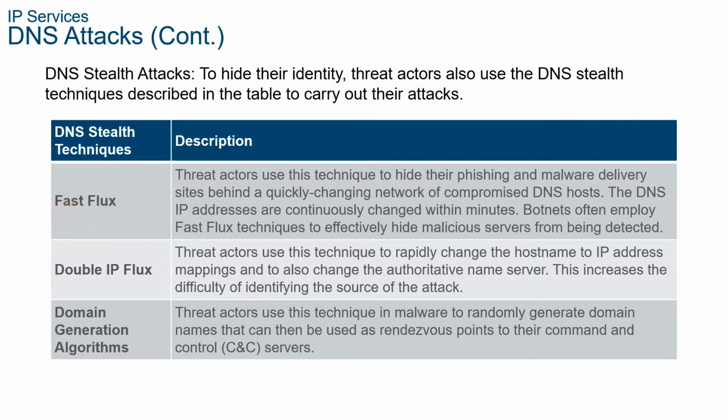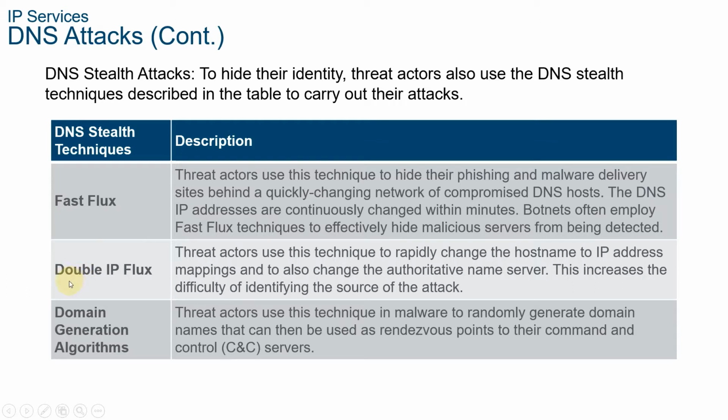This is where the threat actors use this technique to hide their phishing and malware delivery sites behind a quickly changing network of compromised DNS hosts. The DNS IP addresses are continuously changed within minutes. Botnets often employ a fast flux technique to effectively hide malicious servers from being detected.